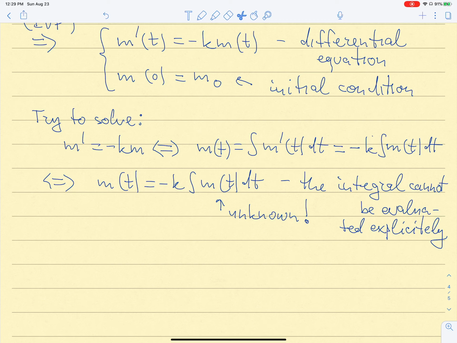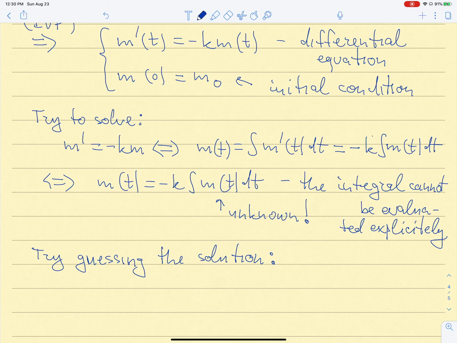I'm going to try guessing the solution. In the future, of course, instead of guessing, we will develop methods that will allow us to solve these equations immediately without making any guesses.